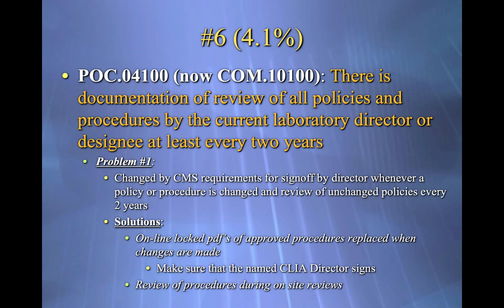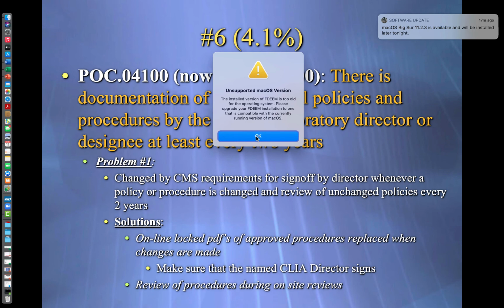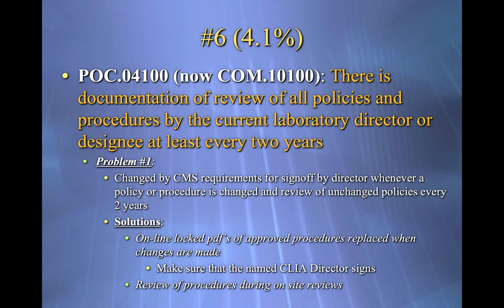So if you're doing a blood glucose procedure and the director for the inpatient point of care signed off on it, maybe that's the lab director, well, you still need to have somebody out in the remote sites who is the director there sign off on it also, to make sure that the named director is the one who is signing off on things.